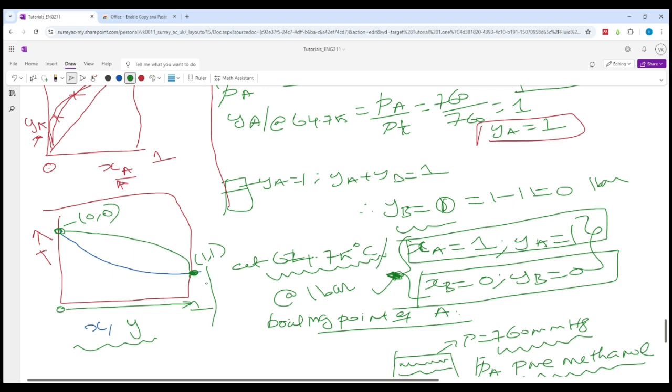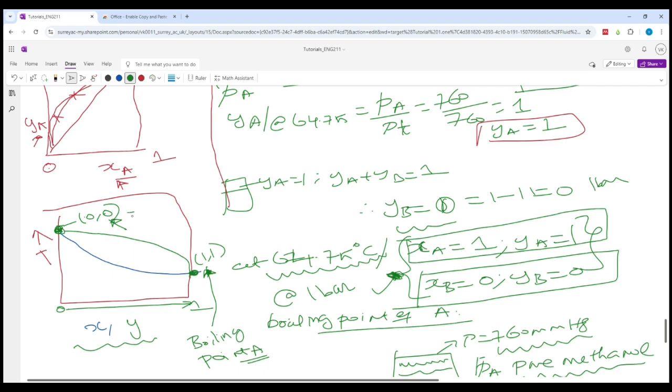So this is nothing but the boiling point of the more volatile compound, which is component A, and this particular point where you see 0 comma 0 is nothing but the boiling point of the less volatile compound, which is component B, in this case ethanol.